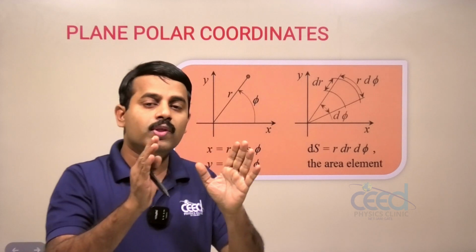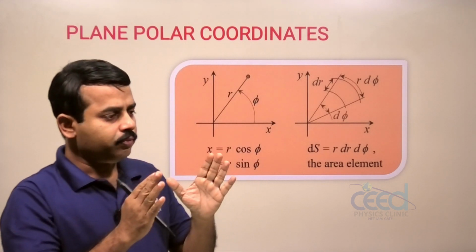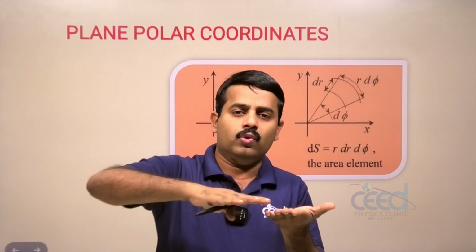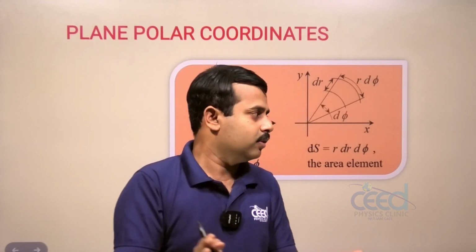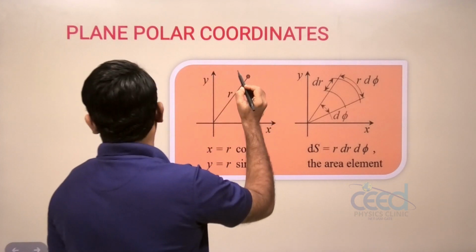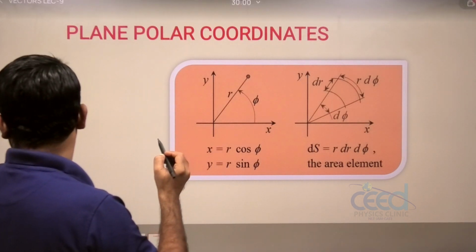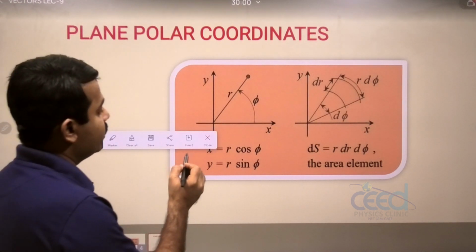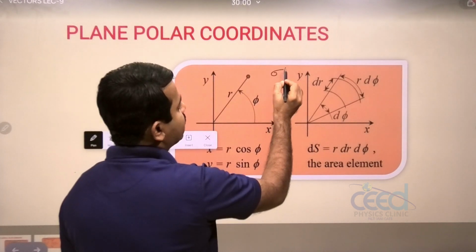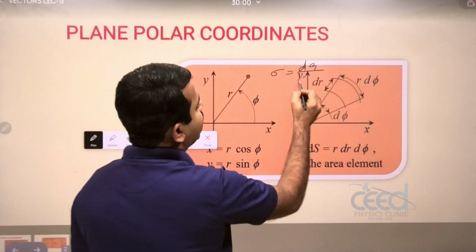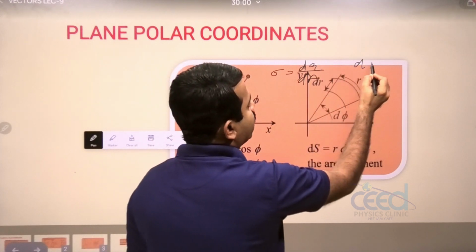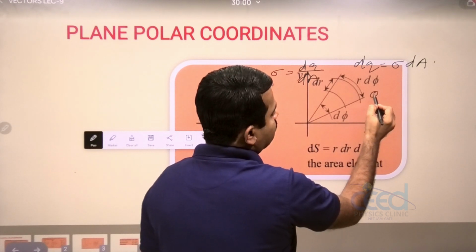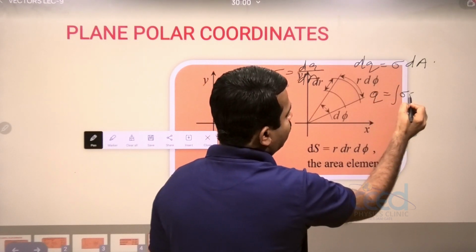In which situation do we use this? Suppose there is a disk, which is a plane, and a charge distribution is given. Then the surface charge density I can define as sigma, which is equal to dq by dA. So dq is equal to sigma dA, and to find the full charge q, I have to integrate sigma dA.